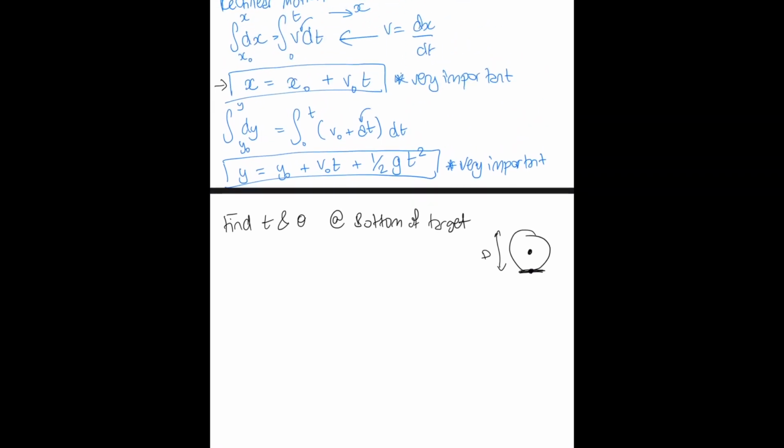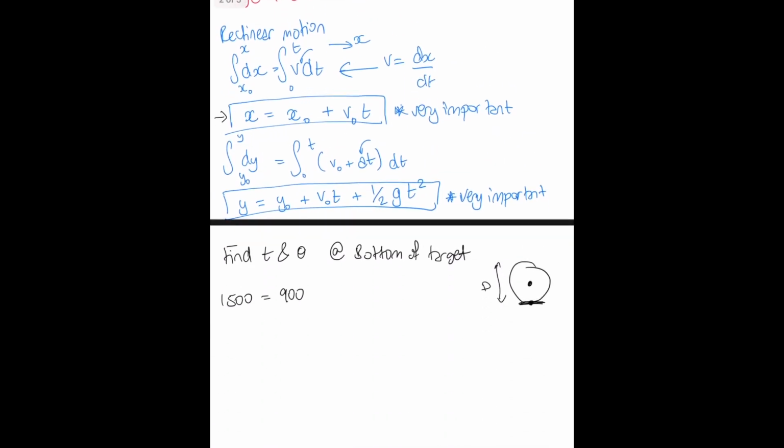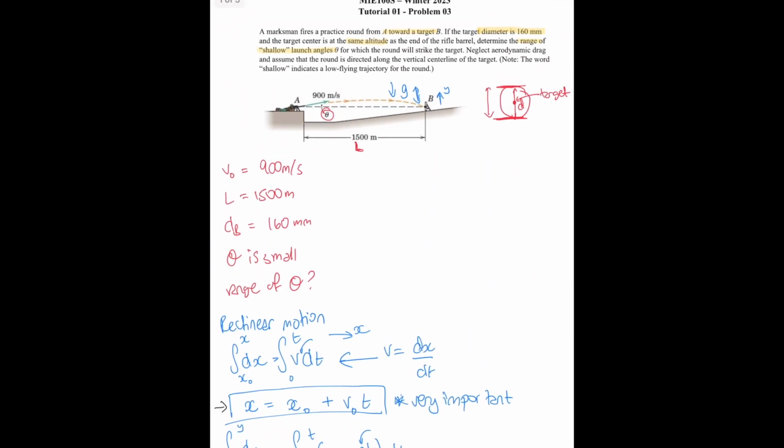We're going to use the x equation over here, and we know that x, the distance between A and B, is 1,500, and the initial distance is 0. We know that v naught, our initial velocity, is 900 cosine theta multiplied by t. Why is it times cosine theta?